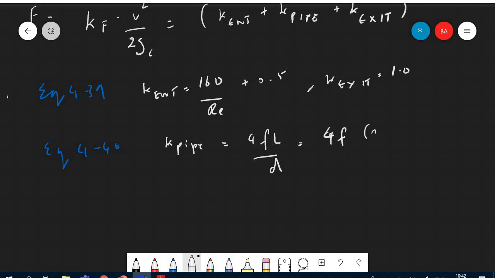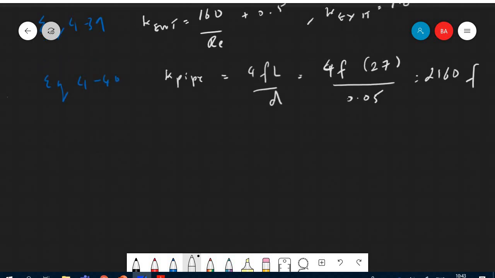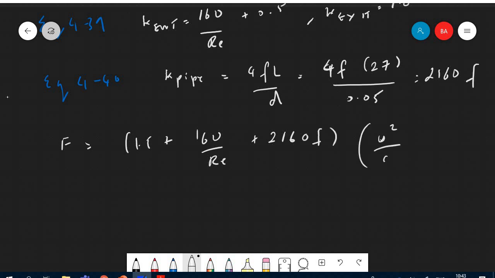So for f, 27, this is the length, over d, which is 0.05 meters. So we have 2160f. So if I substitute to put in my f term, my f term is equal to 1.5 plus 160 over Reynolds number plus 2160f, multiplied by u square over gc.